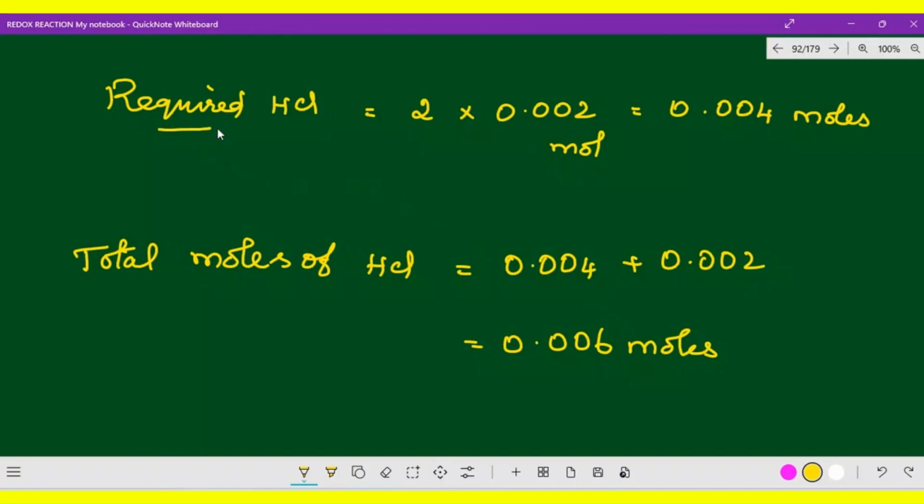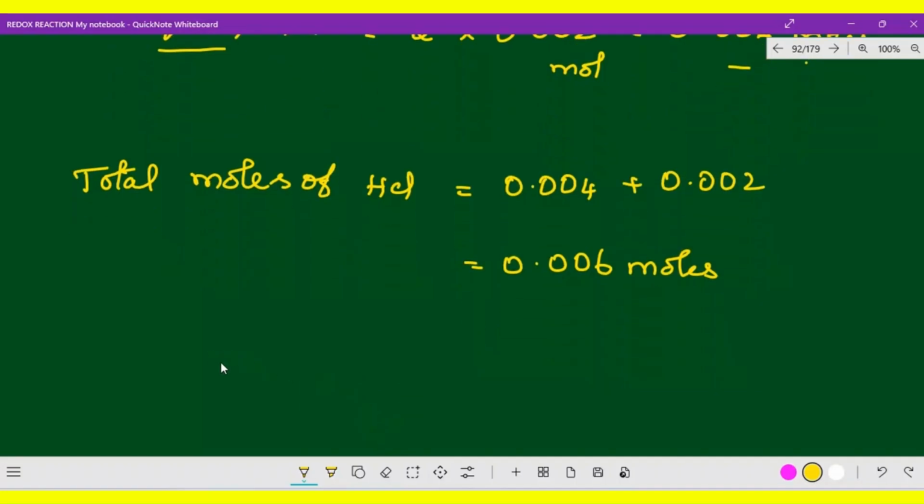Why are we going for required? Because in that reaction, for completely neutralizing, 2 HCl are required. And actually while calculating, you are getting 0.002 mole. So you will get the required HCl. Now totally combined together, moles of HCl, you are getting 0.006 moles.